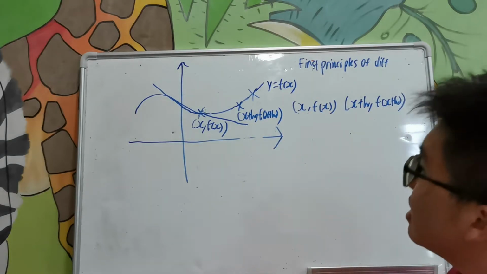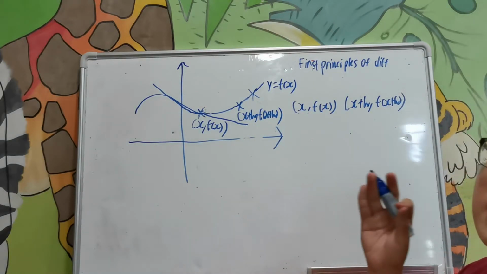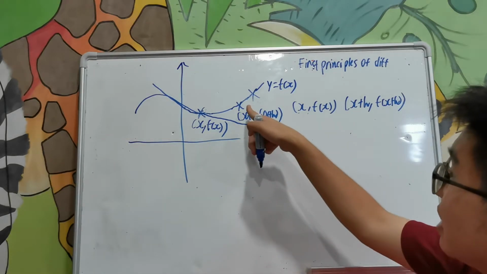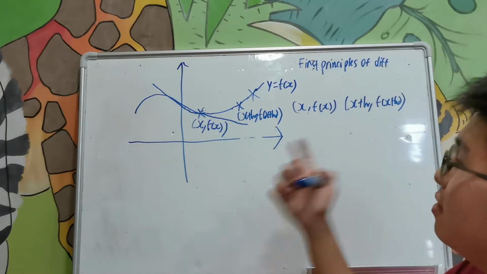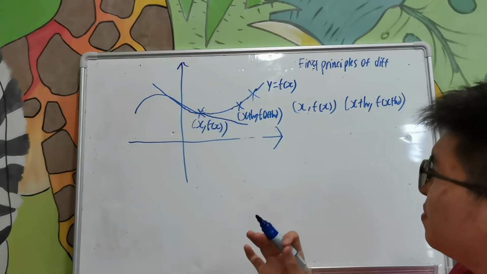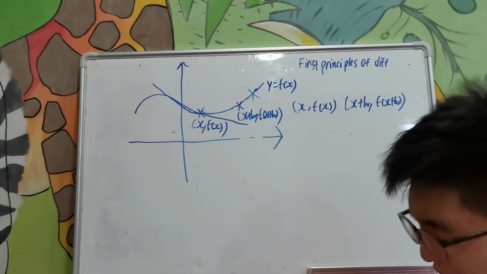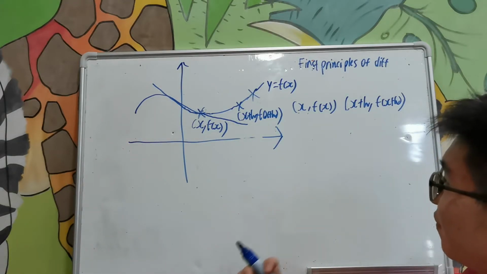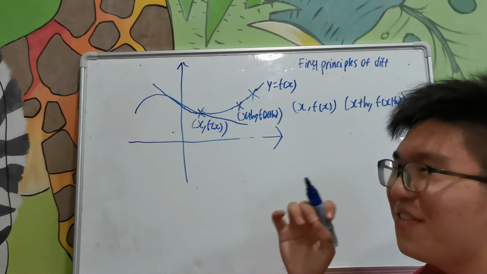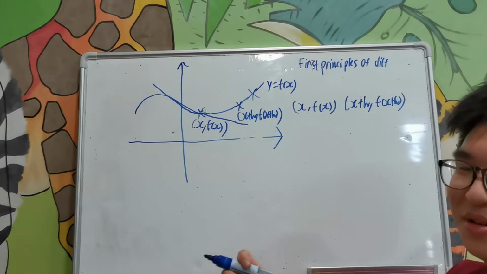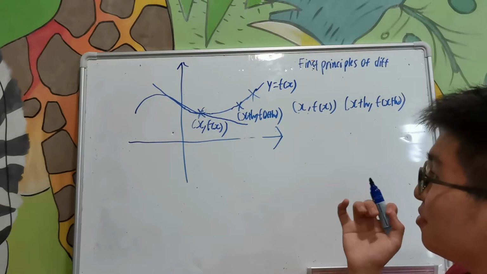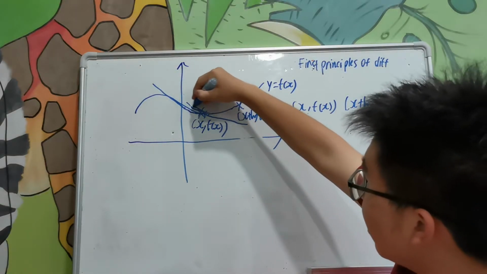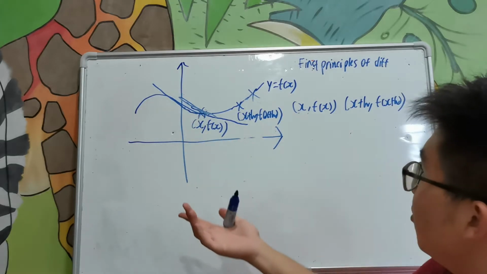So if you realize this, the smaller I make h, the closer the points are to each other. And if I let h be a very small number, you realize that you can draw a tangent that is a bit more accurate to the one that you actually want.